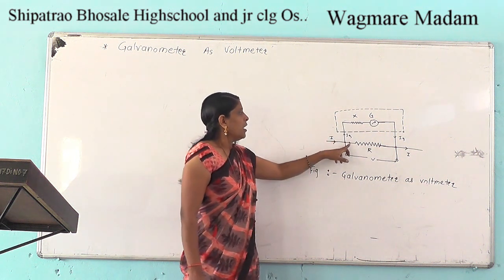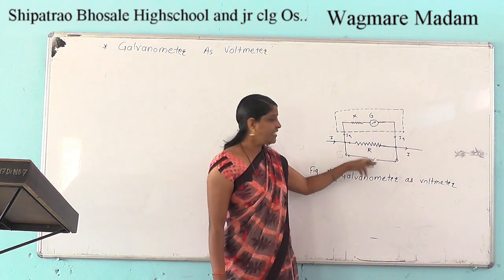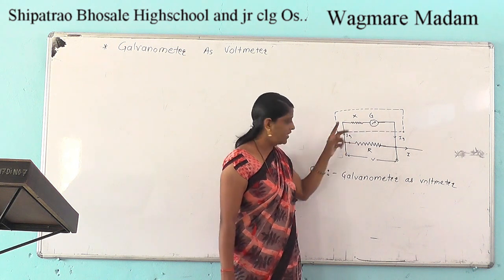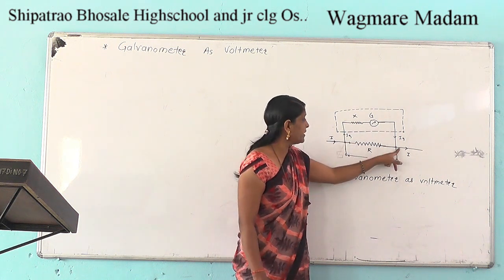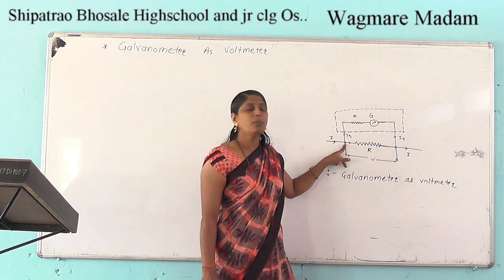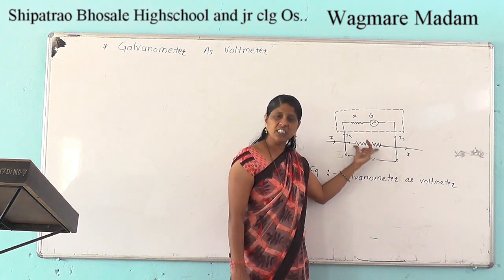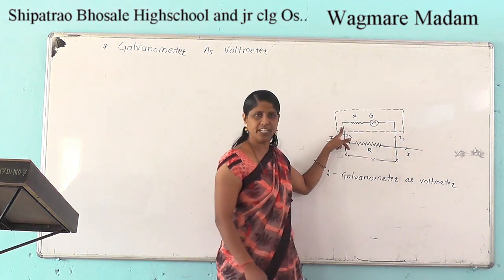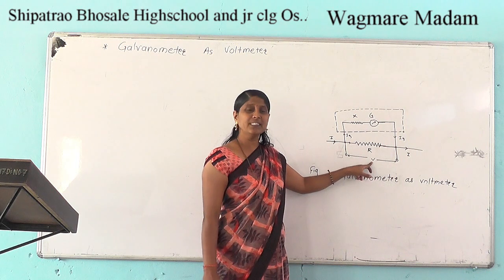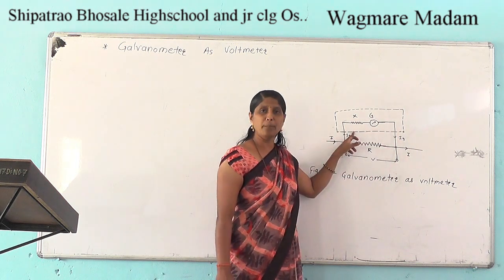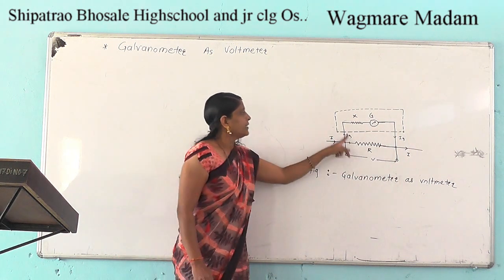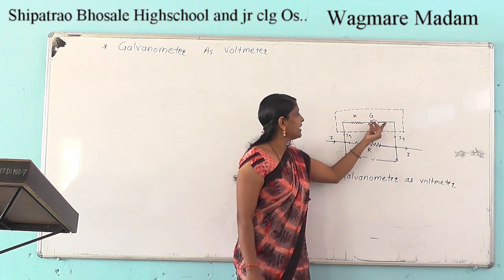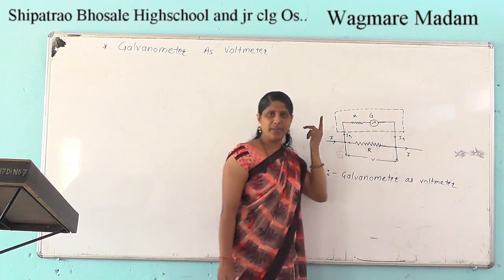Now, V is the potential difference across this resistance. This resistance and this combination are connected at the same points. Therefore, the potential difference across this resistance will be the same as the potential difference across this combination. That is, V is the potential difference across this combination. This potential will be dropped across the resistance X and then again across the galvanometer.